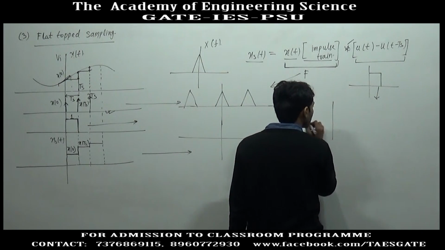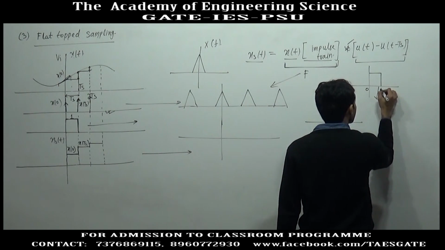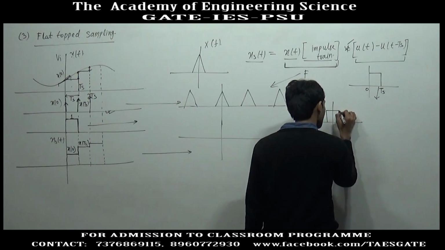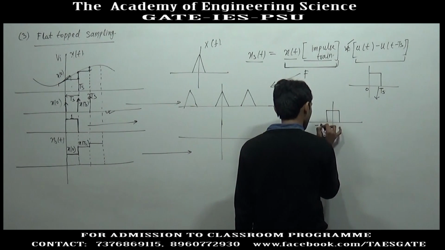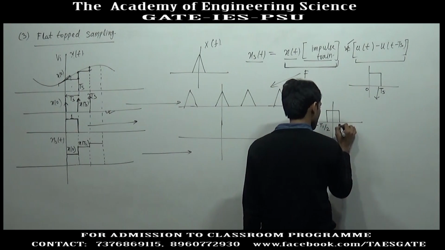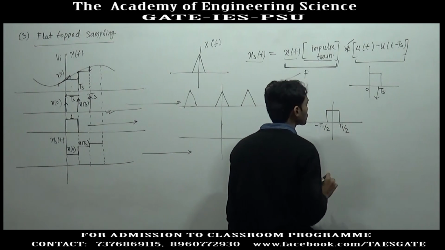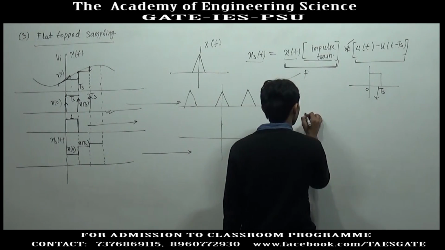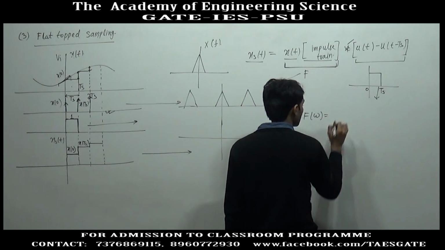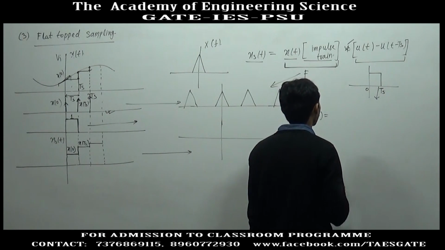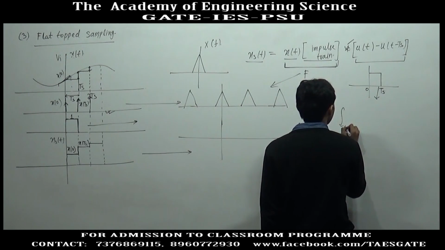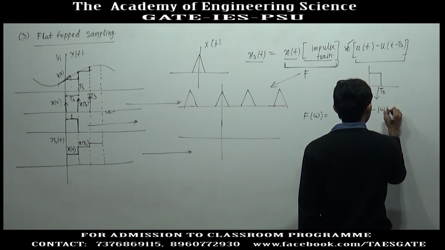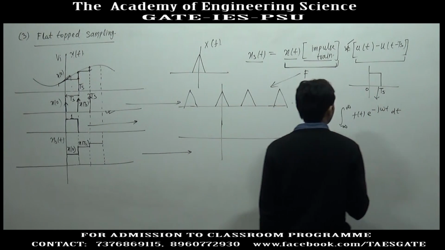Earlier, in natural sampling, we obtained it for a rectangular pulse from minus T1 by 2 to T1 by 2. This is not periodic, so we have to take the Fourier transform. We write the formula for the Fourier transform as the integral from minus infinity to plus infinity of f(t) e to the power minus j omega t dt.